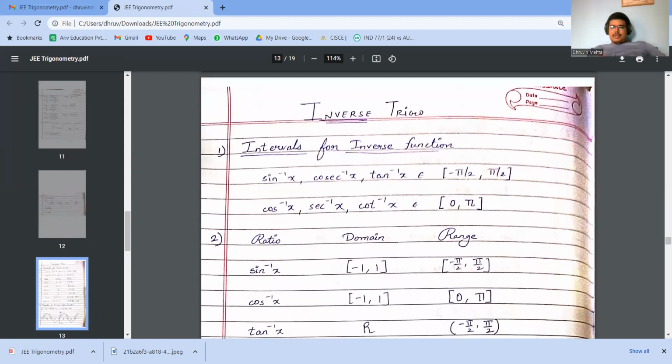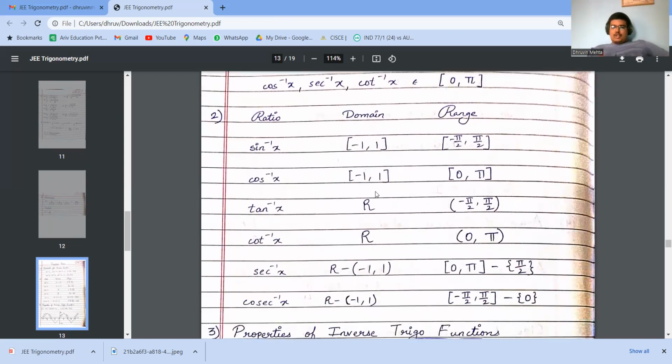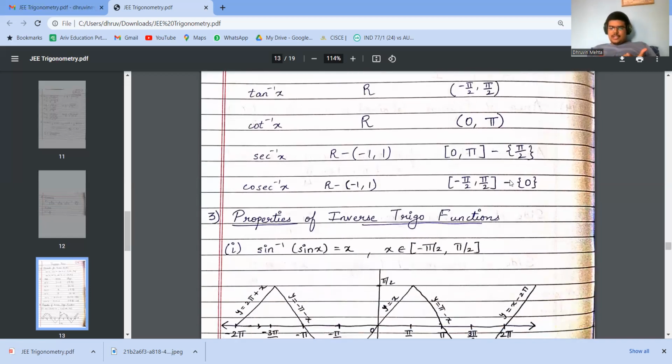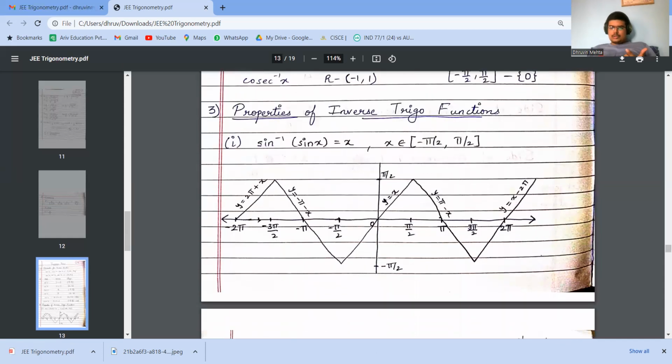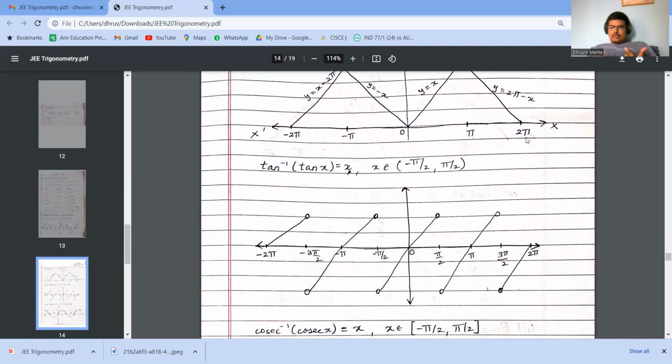Other than this, we have the inverse trigonometry part, the ITF formulas. So first, domain and range. Do you guys already know this? Have you done this in the board syllabus, ITF? We have also done it earlier, if I'm not wrong. Yeah, we have. So I think you already have these formulas. Just see if there's something in this which you don't know, then you can note it down.